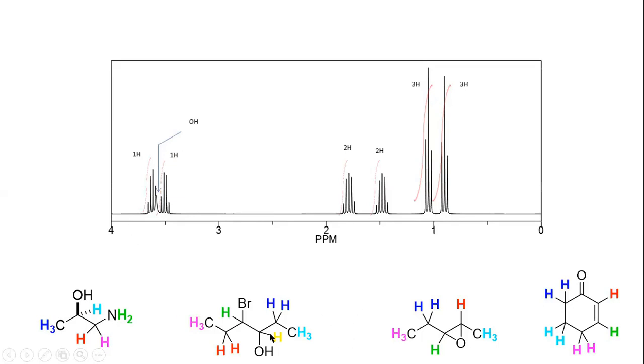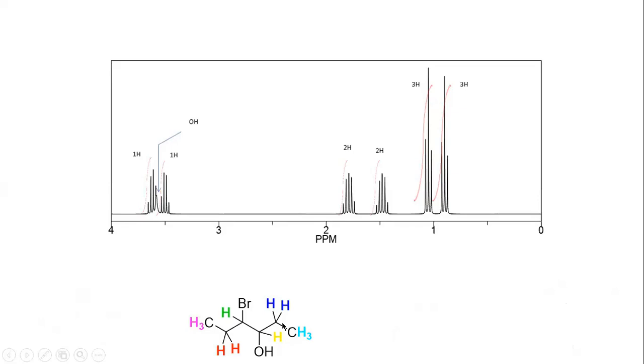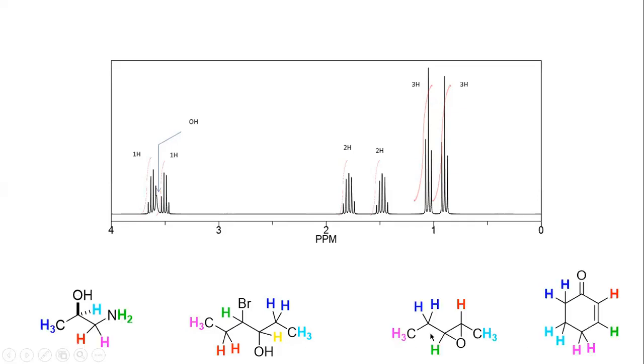So we know that this structure is out, and we know that the epoxide is out. How many signals would this molecule give based on what you see? 5. Right. So 1, 2, 3, 4, 5. So we can rule that out as well, right?